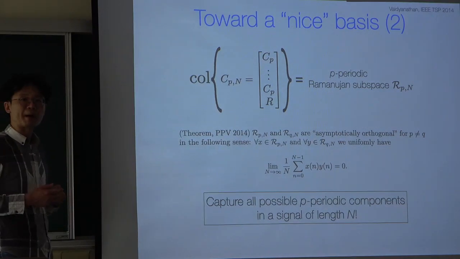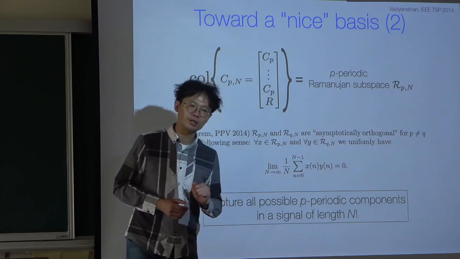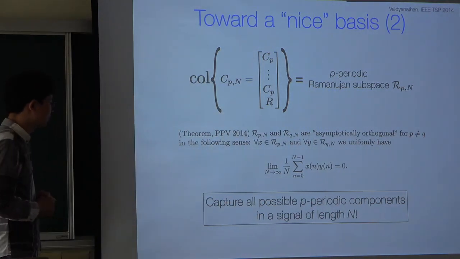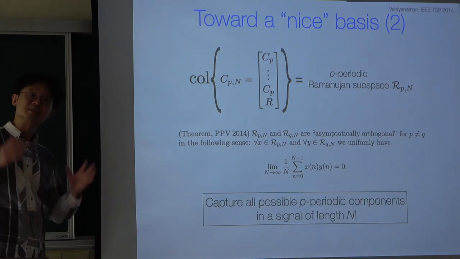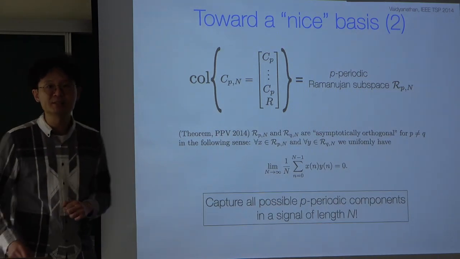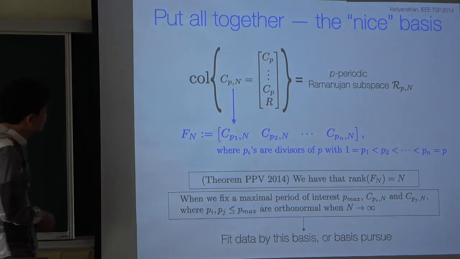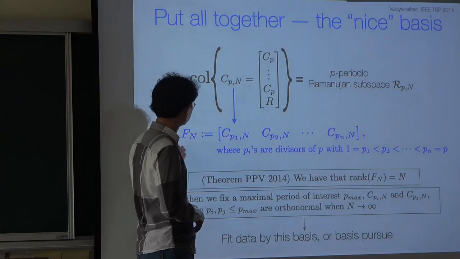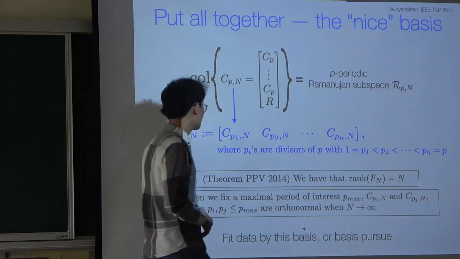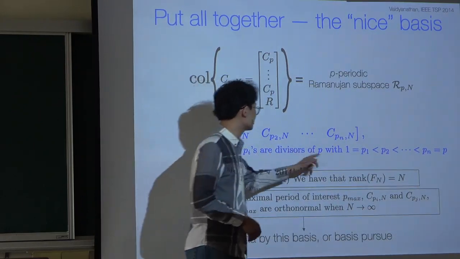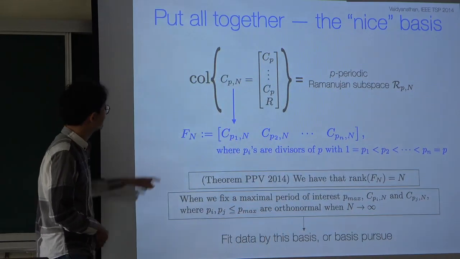That is, by doing this construction, we can capture all possible p-periodic components in a signal of length N. So that is the basis we are looking for. Now you put everything together, p1, p2, up to pn, all divisors, and you build up this F_N.